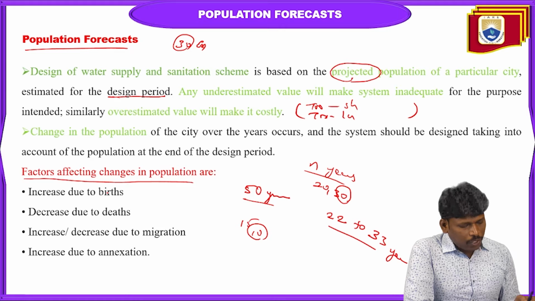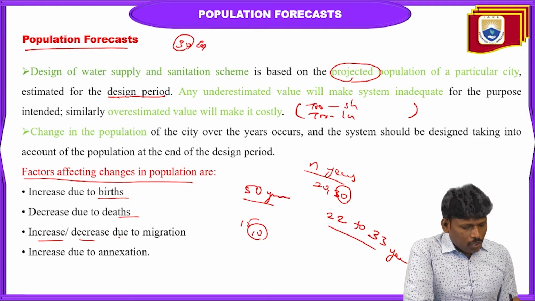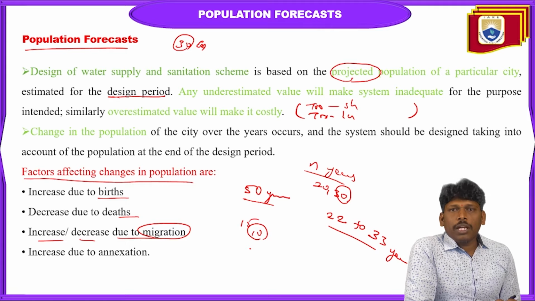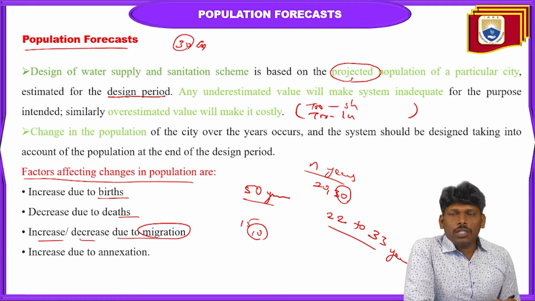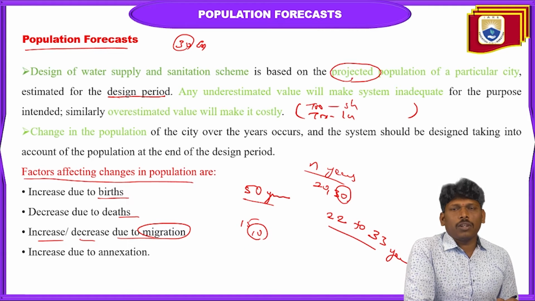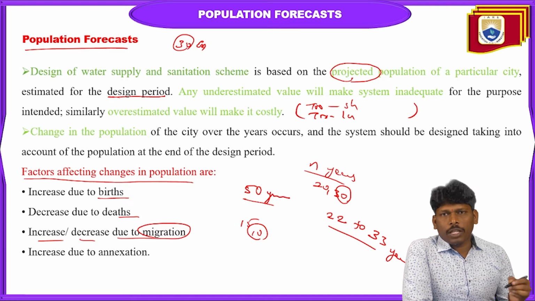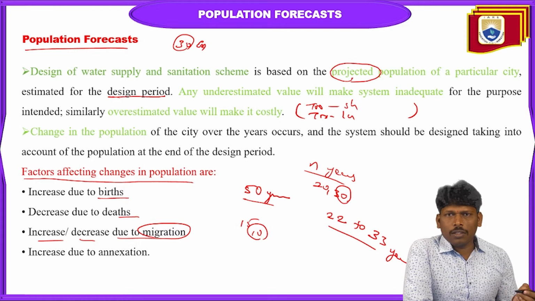The first one is increase due to birth, and decrease due to death, and increase and decrease due to migration, due to the rapid urbanization of all metro cities. The people usually migrate from different corners of the state to the particular state capital, and due to this reason the capital city or metro city population increases rapidly.